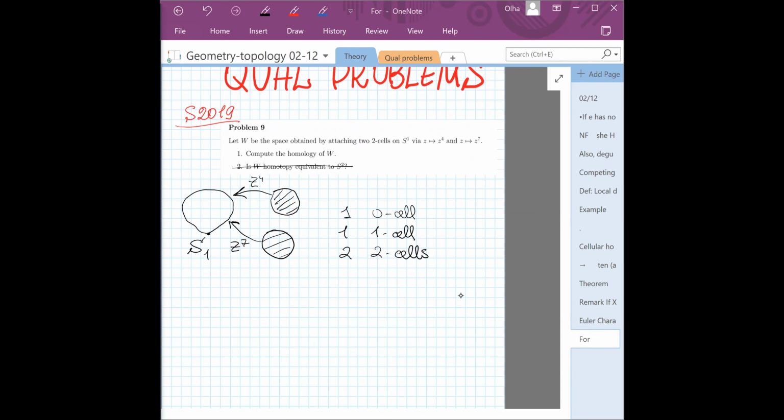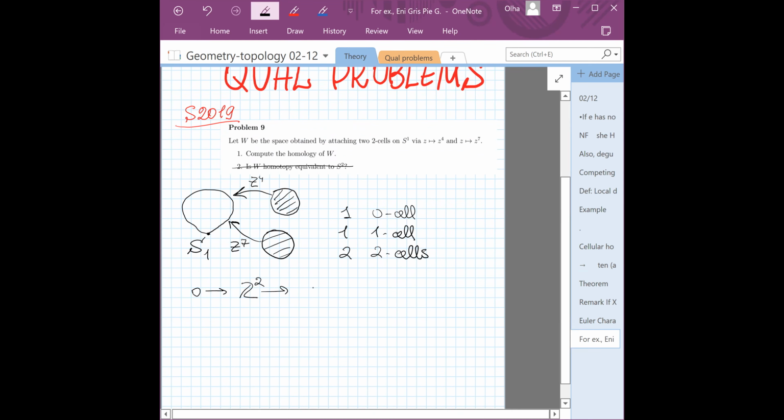So what we've got to do is a long sequence, which is going to be 0, 0, then z squared, then Z, then Z, then 0. So this is d1, this is d2.